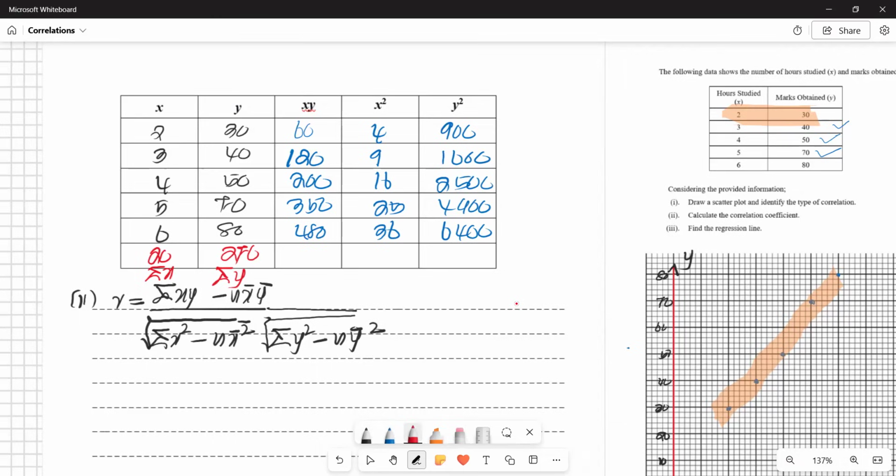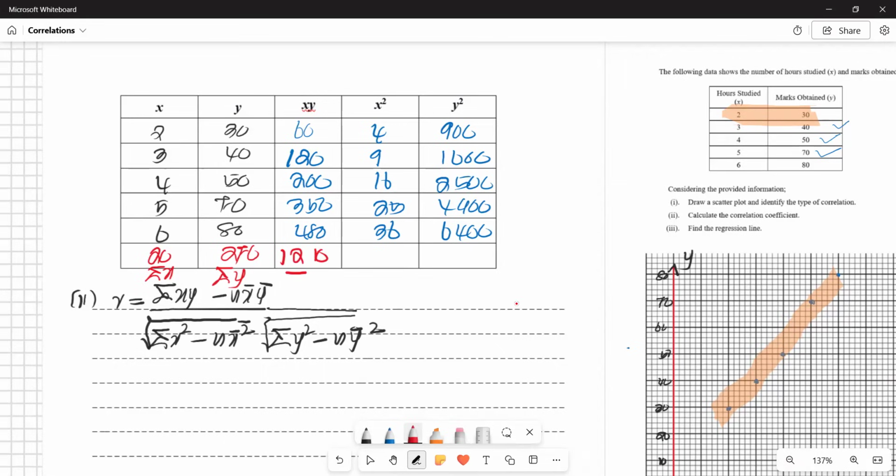I will check the second column again: 30, 40, 50, 70, 80 gives 270. Okay, next one: 60, 120, 200, 350, 480 gives 1210.